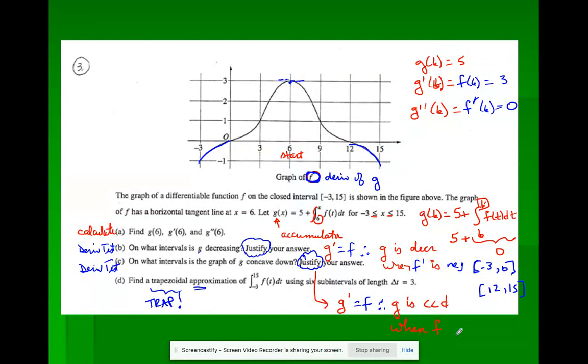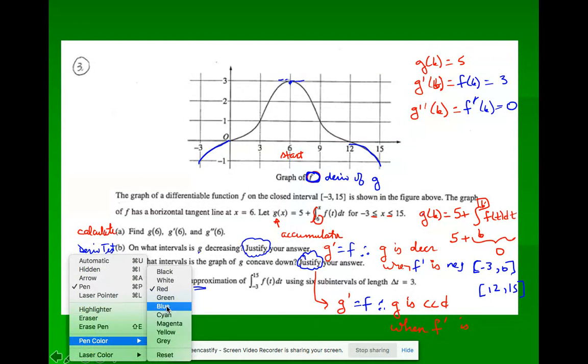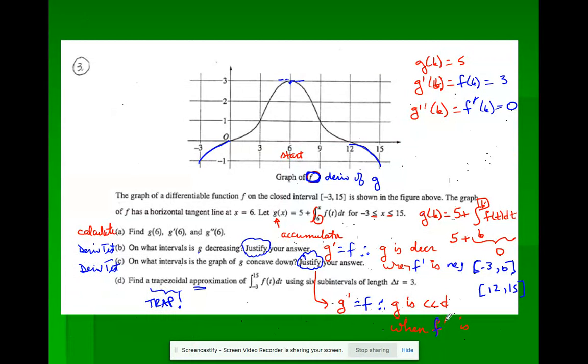I know it's when f double prime is equal to 0, but what does that mean for f double primes, right? The graph it came from, when the first derivative is doing what? Decreasing. And I can see where that is.